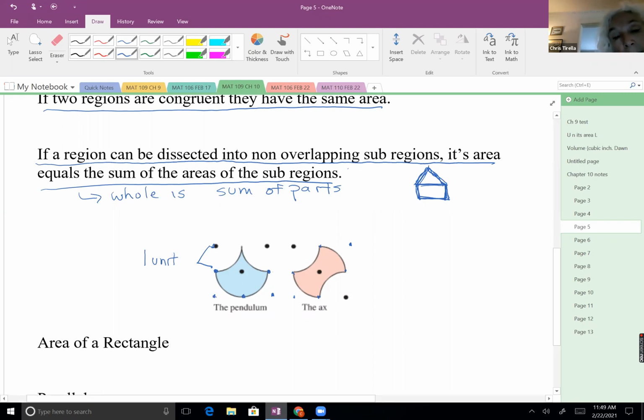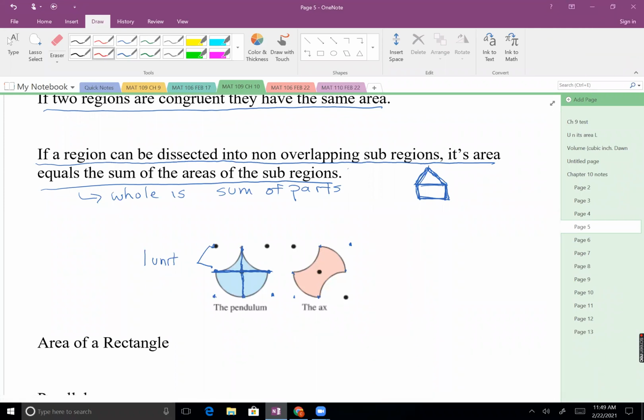I'm going to take my pendulum and I'm going to go through these dots. And then I'm going to go through these dots. Everybody with me so far? Yes.